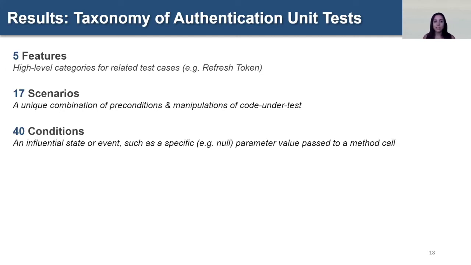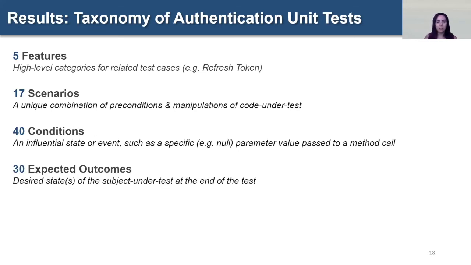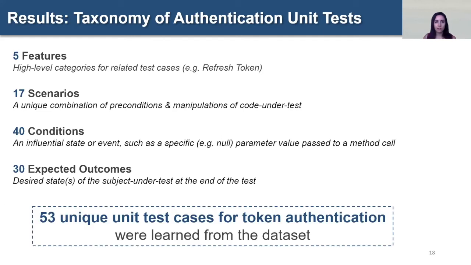We had 40 conditions, which are influential states or events, such as a specific parameter value that was passed to a method call. We also had 30 unique expected outcomes, which is the desired state of the subject under test at the end of the test. So in total, we have 53 unique unit test cases for token authentication. So there are 53 unique combinations of each level of this hierarchy.